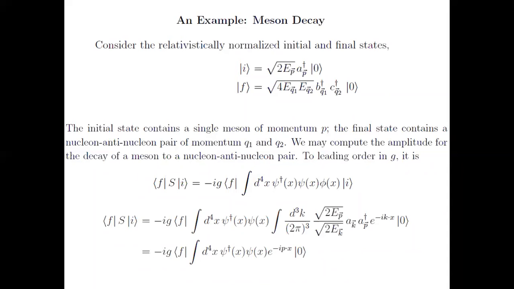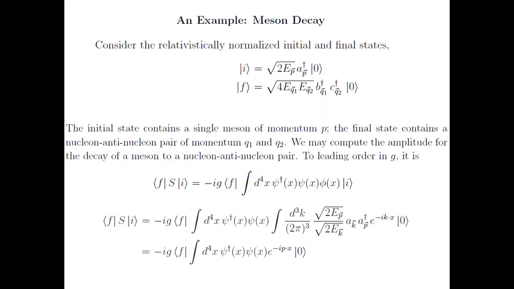So the initial state is basically this. The factor root over 2E_P is a normalization. It is a convention to make the delta function commutators mathematically consistent.